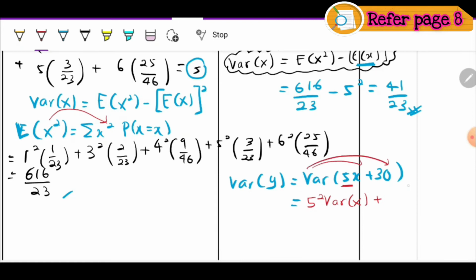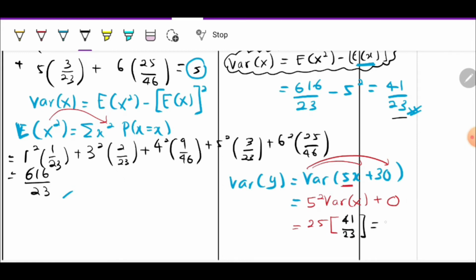And then variance of 30, or variance of a constant, is equal to 0. So 5 squared is 25, then times the variance. The variance that we got just now is 41 over 23. And variance of y, the answer is 1025 over 23.